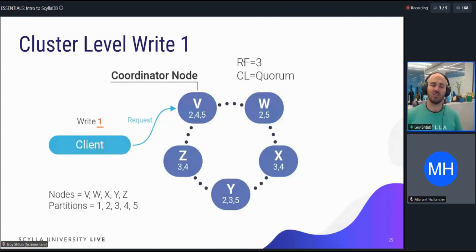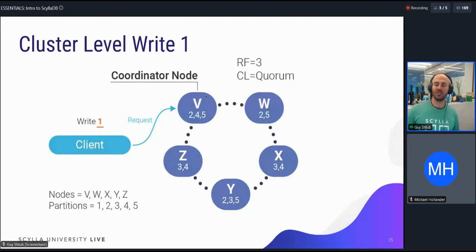Okay, so we have a client. The client wants to write a piece of data. I just called it 1, but imagine this is a piece of data. And the client sends the request to one of the nodes. In this example, it chose node V. It did so very naively.